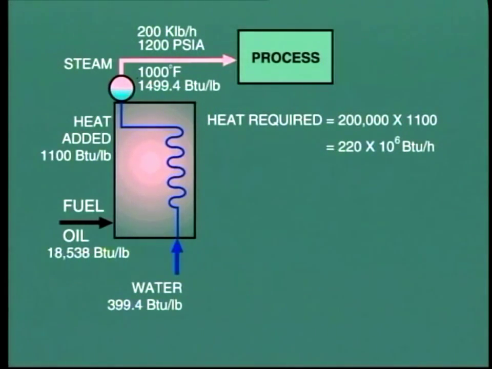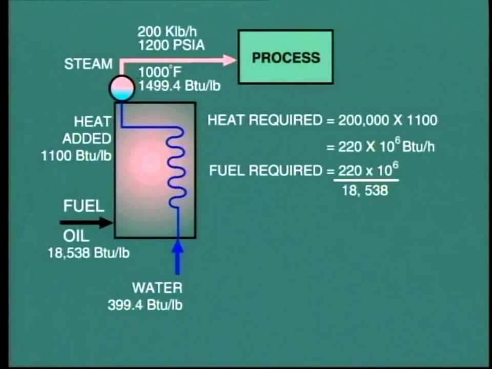So dividing the heat required by the calorific value of the fuel, that is 220 million BTU per hour, divided by 18,538 BTU per pound, the quantity of fuel indicated is 11,867 pounds per hour, say 5.3 tons per hour.